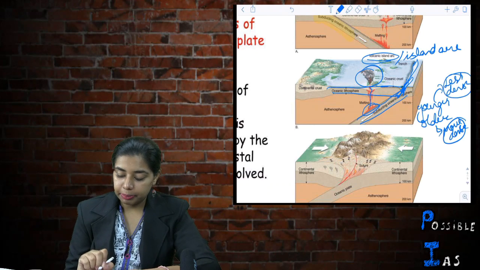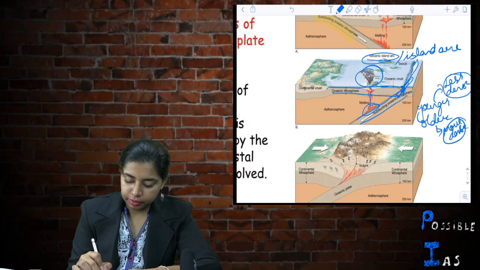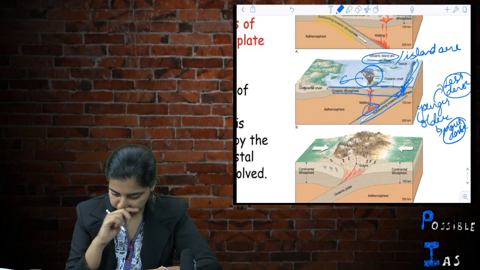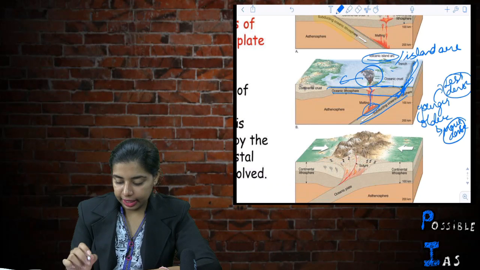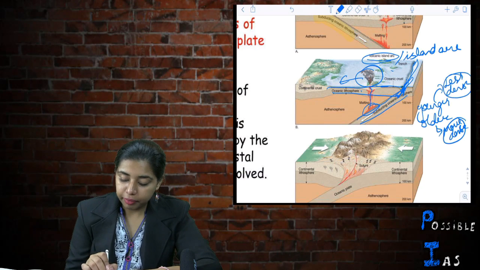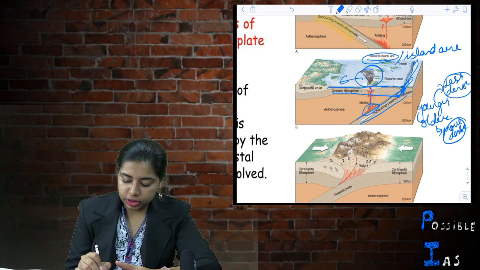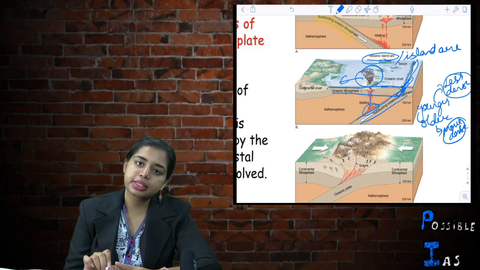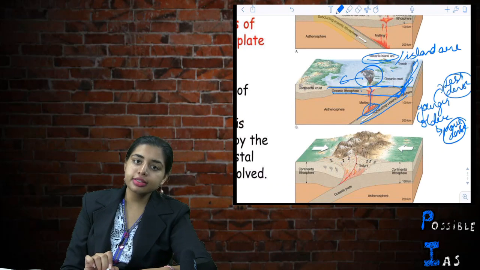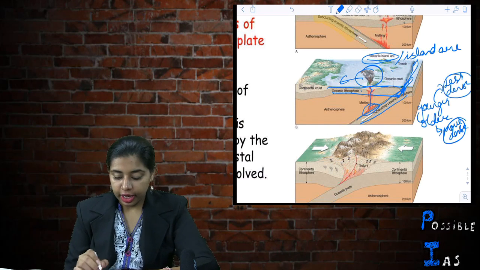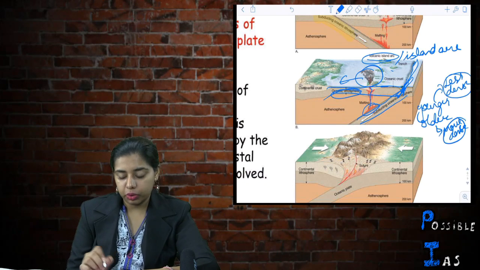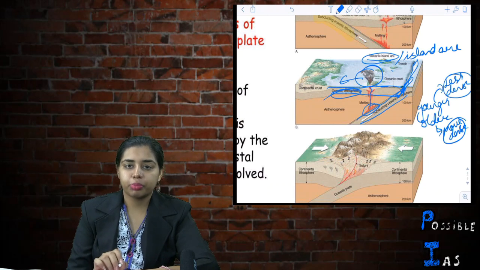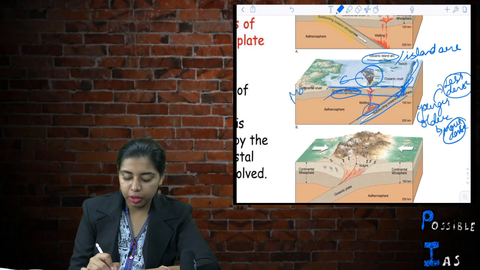Because of this volcanism, volcanic island arcs are formed. But there, the basaltic magma which was rising was mixing up with the continental crust, hence its composition was changing. Here, the magma which rises mixes with the oceanic lithosphere only. So its composition does not change much and it remains a mafic magma.